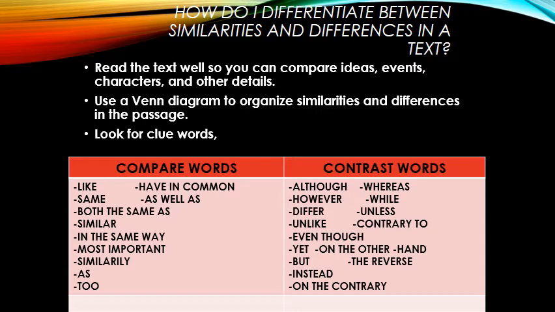Contrast: in order to make a contrast, there are certain contrast words I have to use, like although, whereas, however, while, differ, unless, unlike, contrary to, even though, yet, on the other hand, but, the reverse, instead, on the contrary. So these words show that I'm talking about the differences between two or more objects.